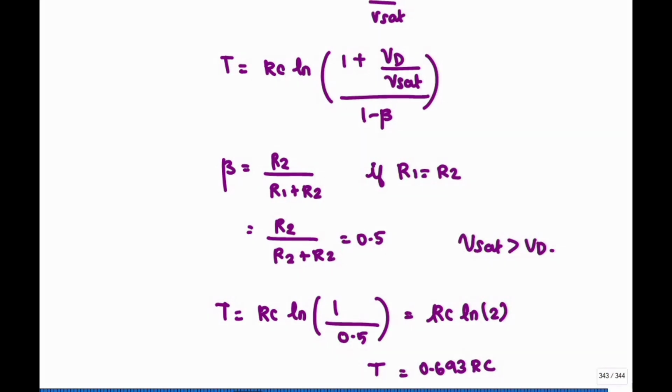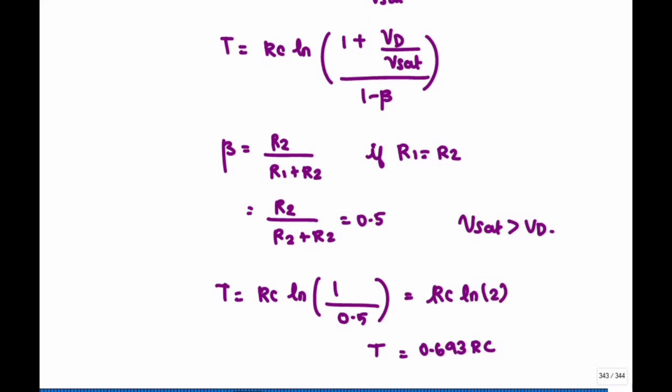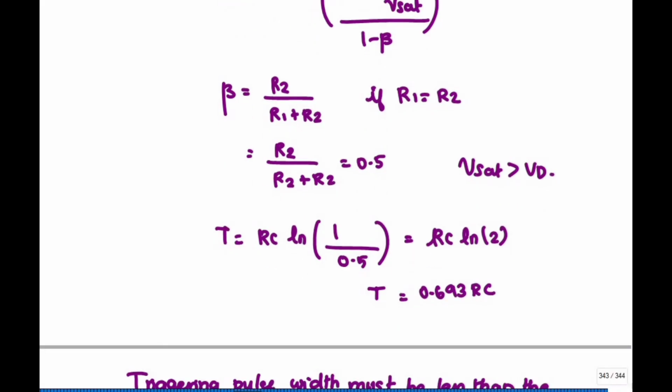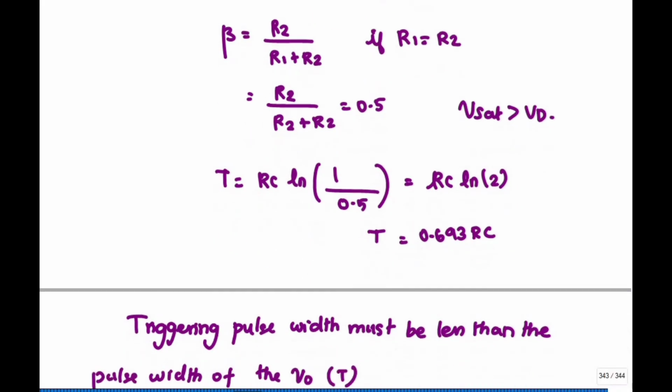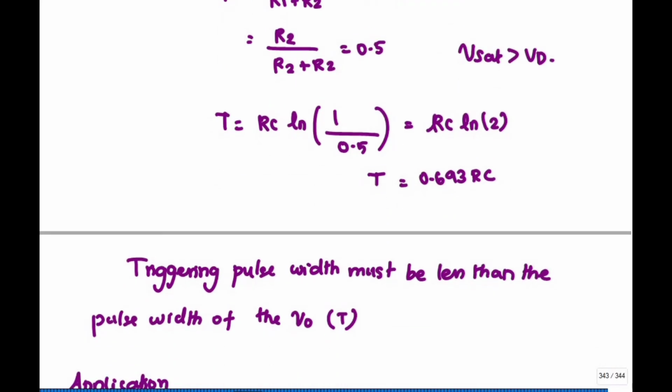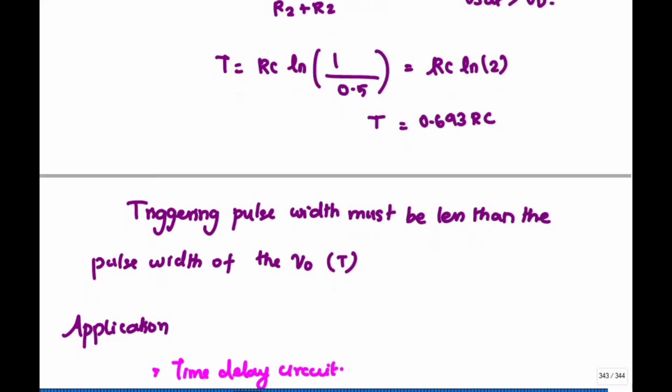So we know that V sat value is greater than Vd, right? So my T is equal to RC ln of 1 plus, this becomes 1, and this becomes 0.5. Okay. So if you solve, you will get RC ln of 2, that is equal to 0.693 RC. So this is my T value.